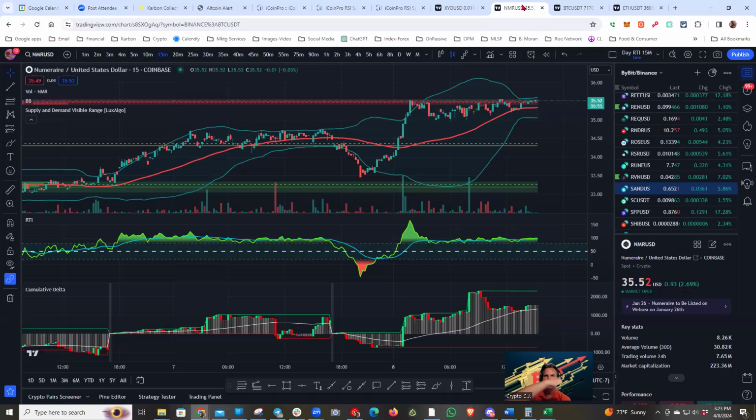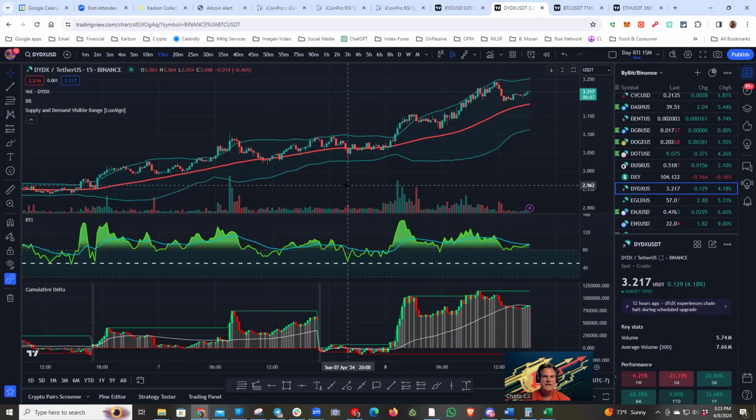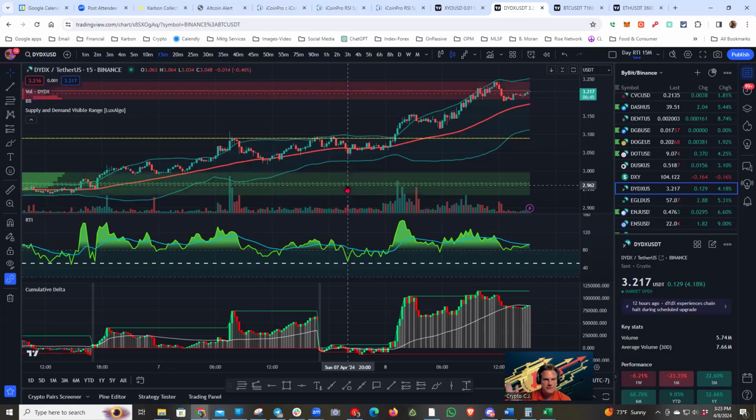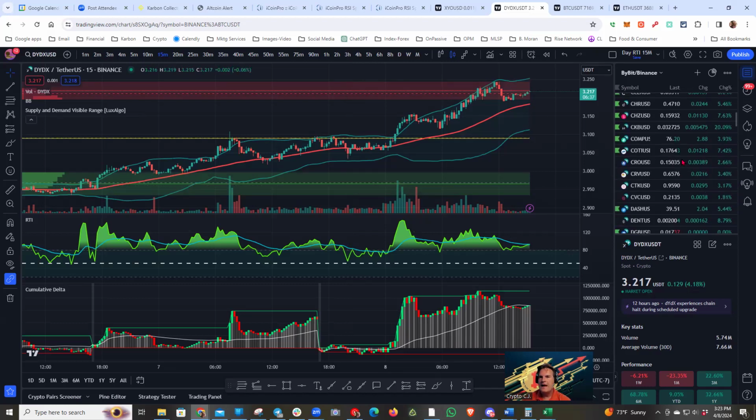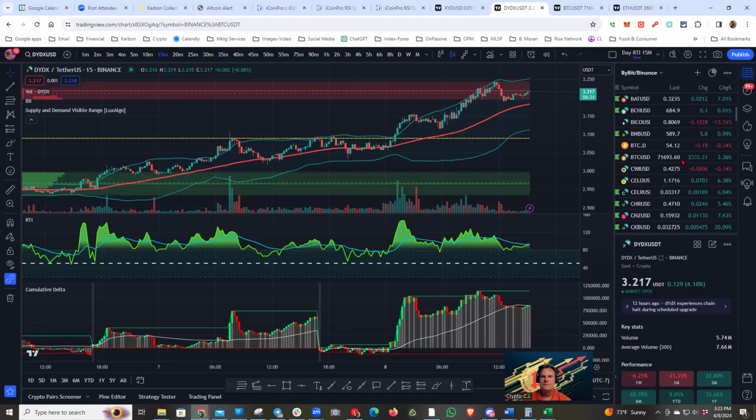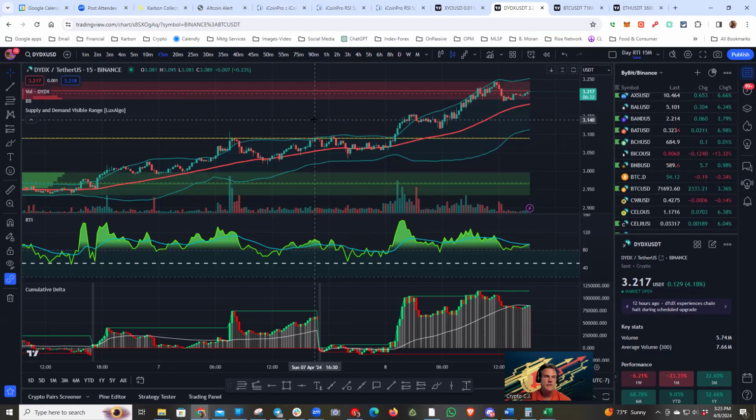This one does a lot of this, so it's one of my favorites to trade as a day trader. And you will notice certain coins move better than others for certain setups. So you'll see me going to Dydx and AVAX and some of those that tend to move a lot. So those are good day trading coins, and I trade them over and over and over again, and you will too.